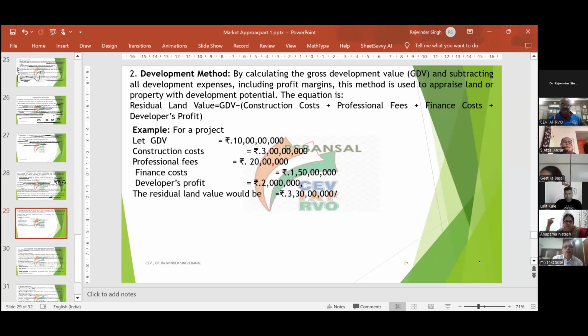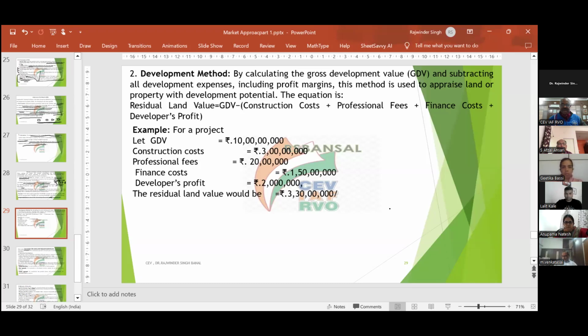Then the next method is the development method. This is basically used for ongoing large projects. The project is still in the initial stage, but after construction the value will be much higher, and based upon that you have to do the valuation as on today's date.